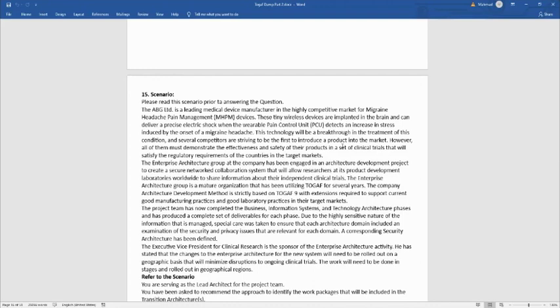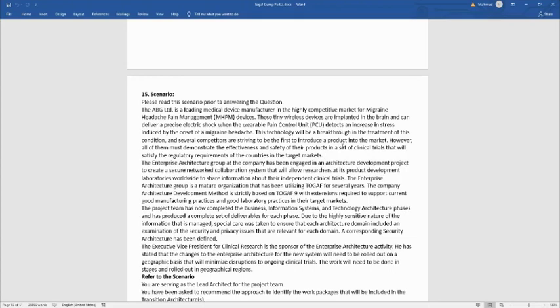This technology will be a breakthrough in the treatment of this condition, and several competitors are striving to be the first to introduce a product into the market. The enterprise group company has engaged in a development project to create a secure network collaboration system that will allow the researchers at each product development laboratory worldwide to share information about the independent clinical trials.